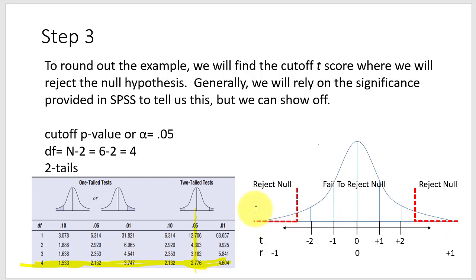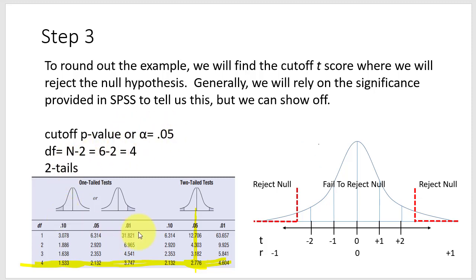First thing we do, because in step 4 we'll actually calculate our t-statistic, is find the degrees of freedom. Each variable has 1 degree of freedom, which means that each pair has 2 degrees of freedom. So we take the number of pairs minus 2, which is 6 minus 2, which equals 4. We declare that we're using a cutoff of 0.05, and we're using 2 tails.